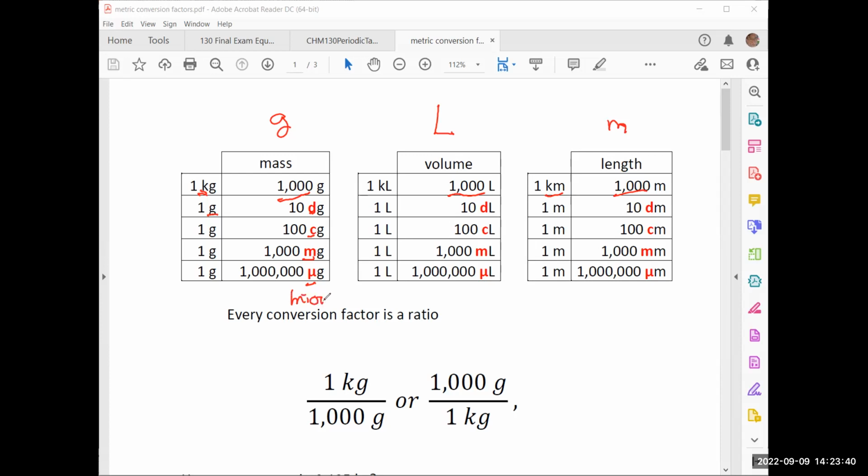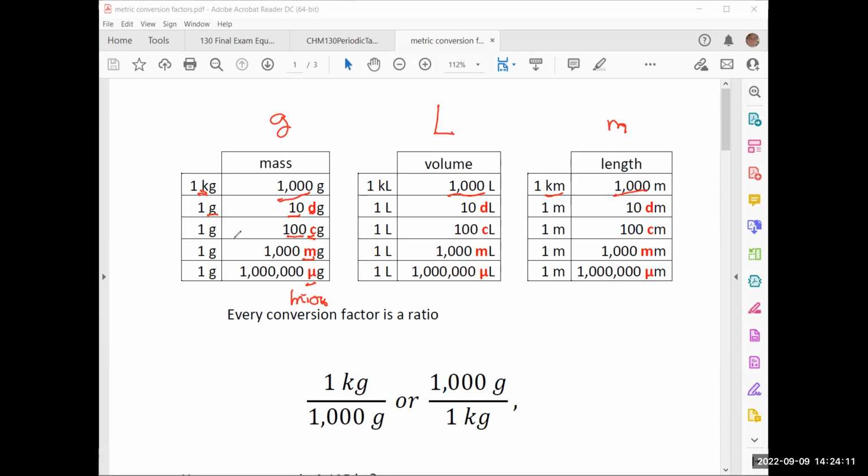Okay. Now, one way to remember this, I think of it in the beginning, I was like, okay, d for decade, because I know that there are 10 years in a decade, hence there are 10 decigrams in 1 gram, okay? For centi, there are 100 years in a century.